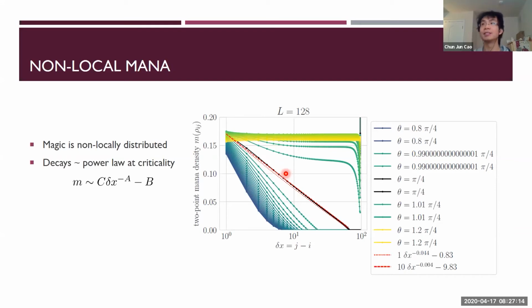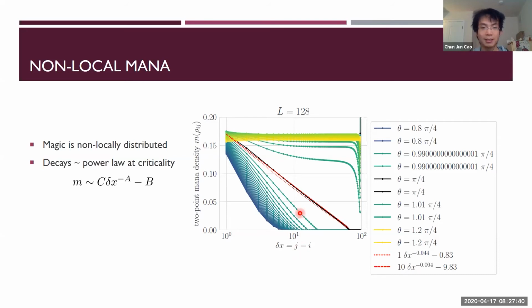So far it is the mana of a subsystem or the mana of the total system. But we can also look at the mana of a subsystem where the sites are separated, so it's non-local. For example, you can have a reduced density matrix on 2 sites, but these 2 sites are separated by some distance delta x, which is the site difference in the spin chain.